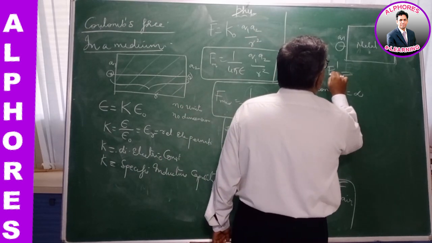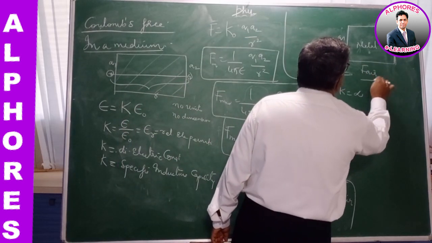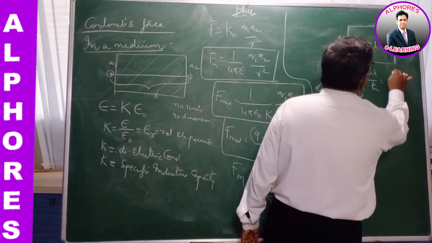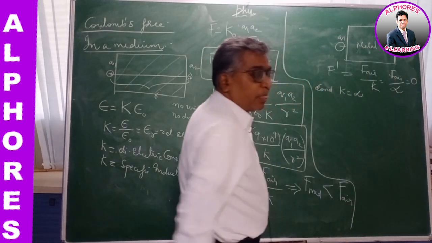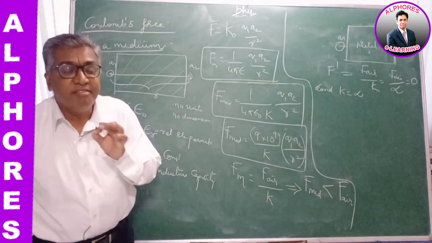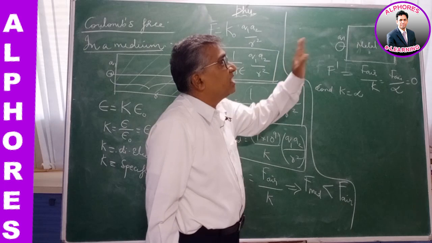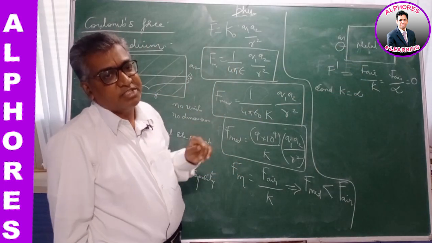So we know force in any medium is force in air by K. Now K is infinity. So force in air by infinity becomes zero. So whenever a metal conductor is placed between two charges, there will be no influence of one charge on the other charge. No mutual force. Coulomb force reduces to zero, right?